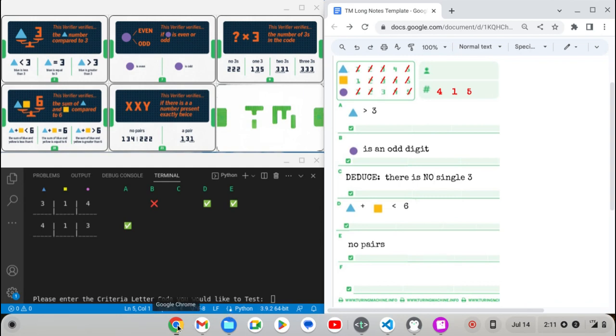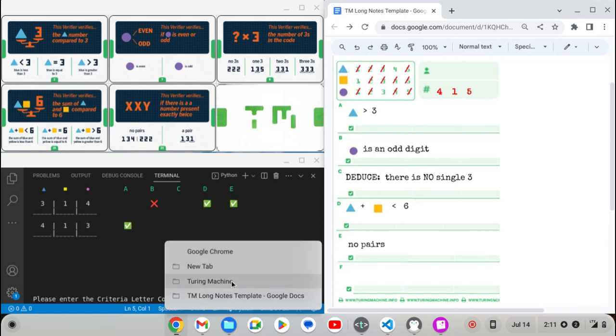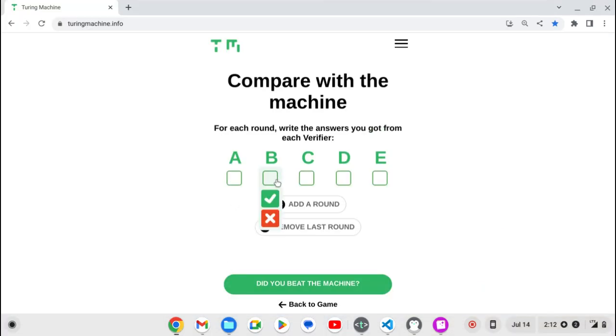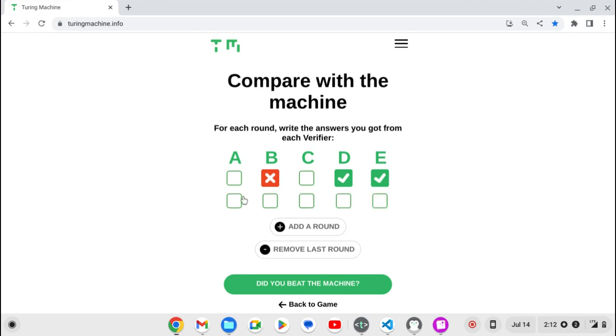So let's just see what the Turing machine has. So I will just type in B, D, E, and then A. So B was wrong, D, E, and then A. Okay, and of course I would have tested C.